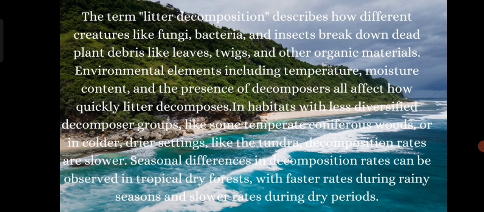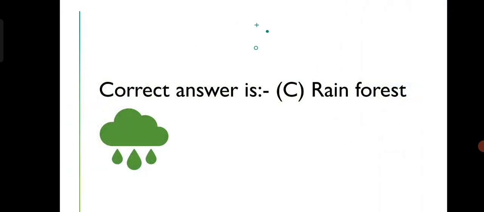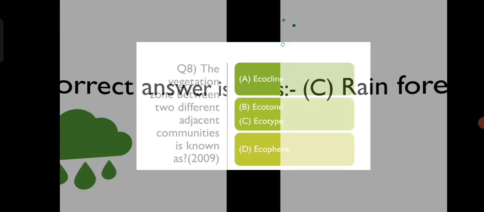Rainforests with their high temperatures, abundant rainfall and rich biodiversity provide ideal conditions for rapid litter decomposition. So from this information we got our correct answer, that is rainforest, option C. Now moving on to the next question.